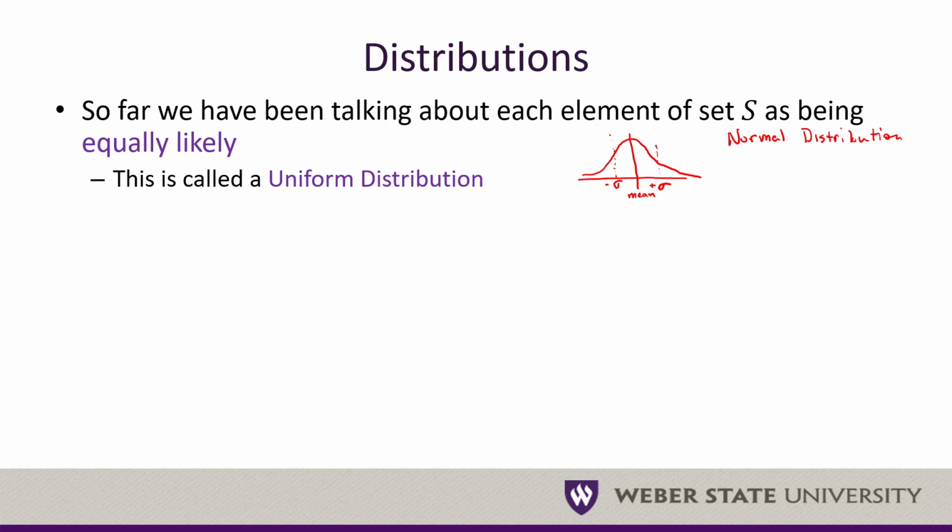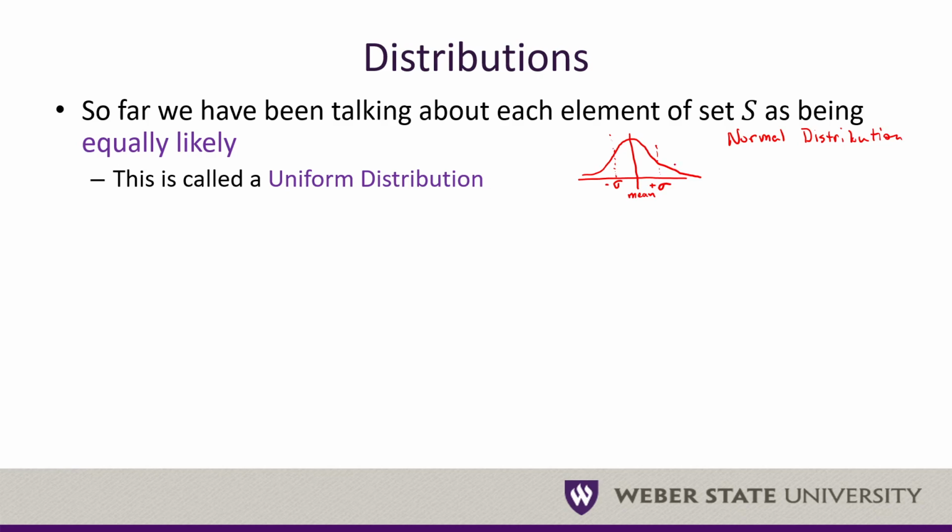And that is a measure of how spread out the distribution is around the mean. If I have a fairly large standard deviation, that means I have a fairly flat curve. If I have a really small standard deviation, most of the things I'm looking at are going to be in the middle.